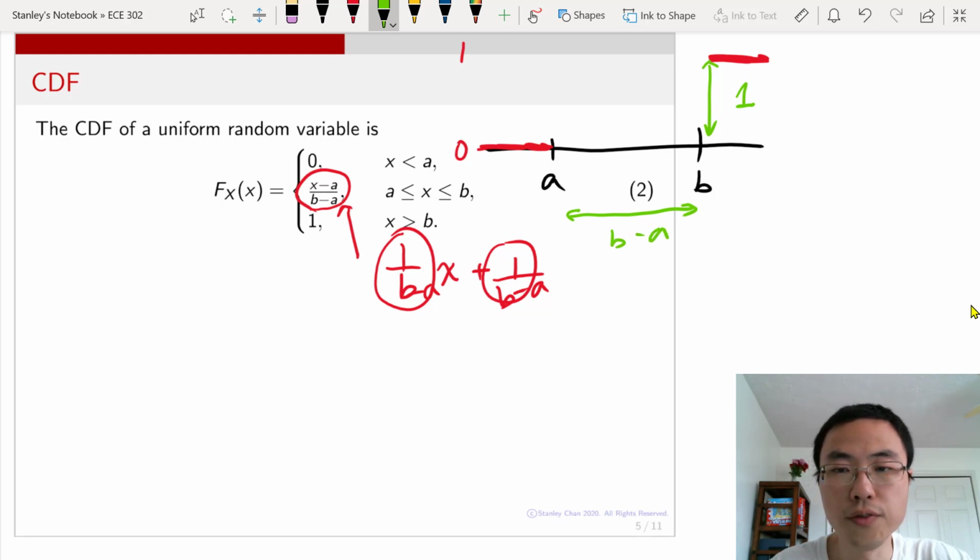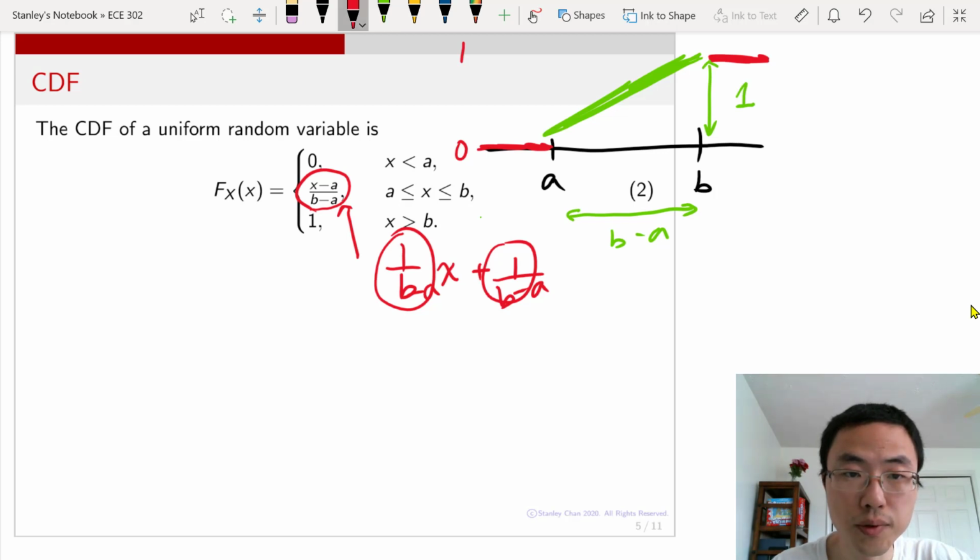And so if you want to draw a straight line, this straight line will have a slope of 1 over b minus a, and then for the y-intercept, because a is not necessarily 0, you can trace all the way back to the origin, then you can find the point. Okay, and this is a typo. It has to be minus a. All right, so this is the CDF.